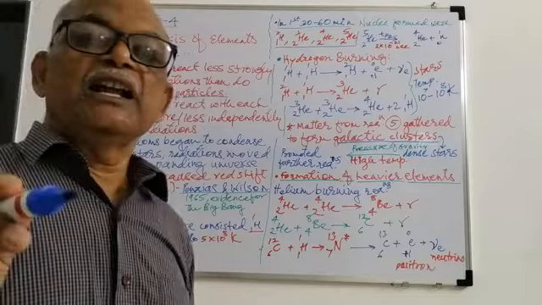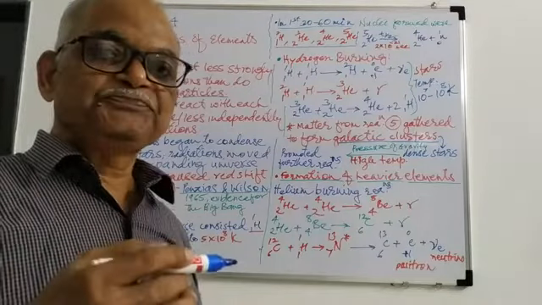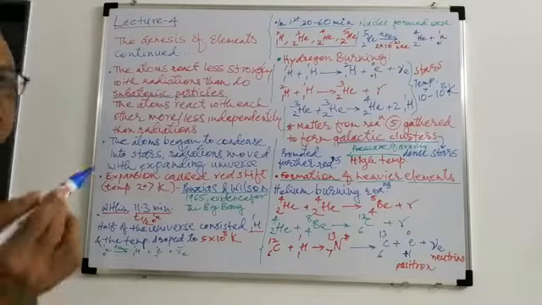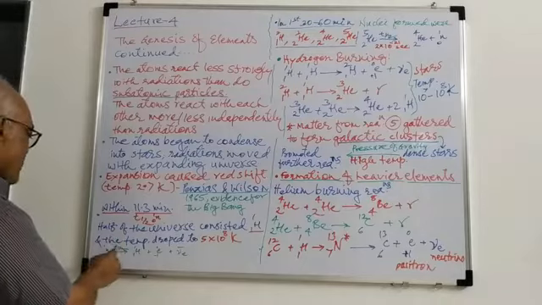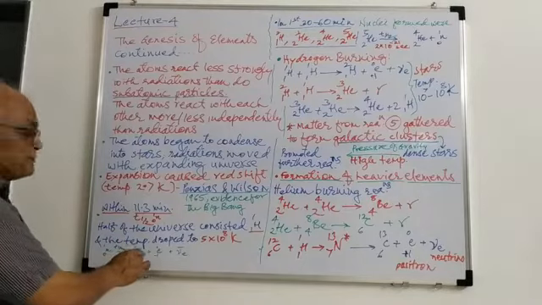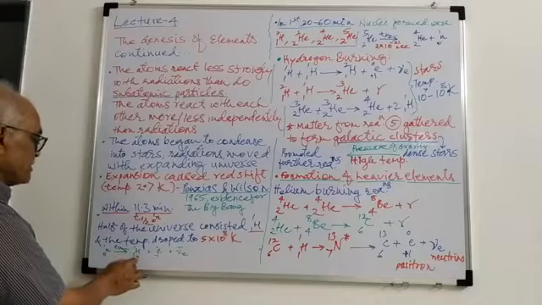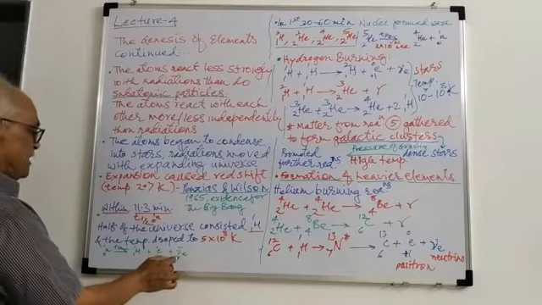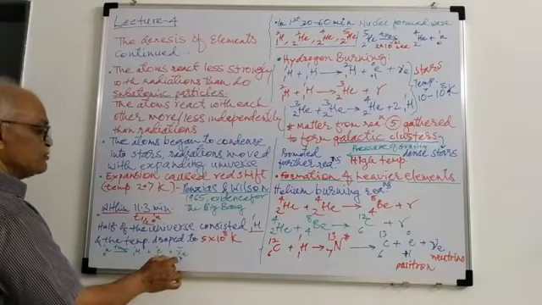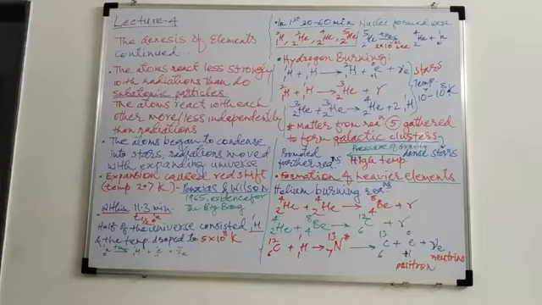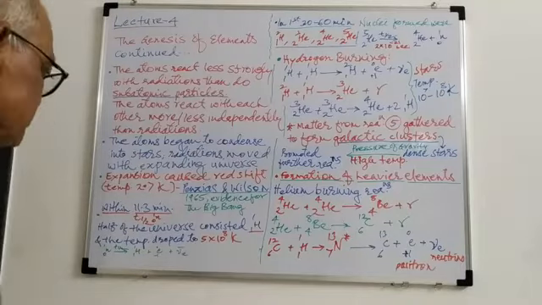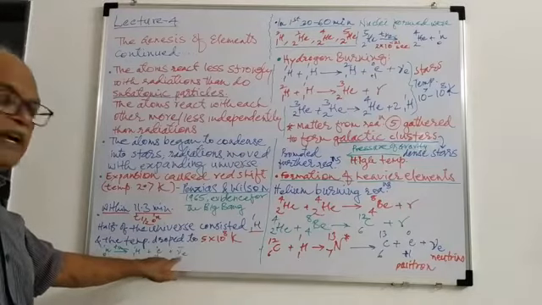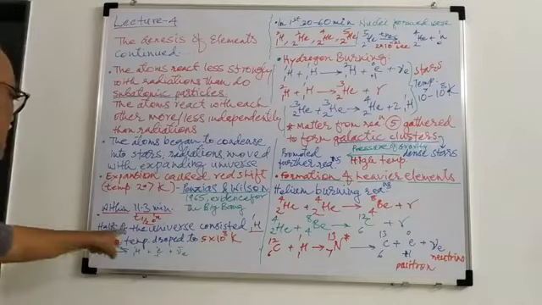What takes place during this decay of the neutron? When the neutron is broken down, it is converted into a proton, an electron and an antineutrino. So the decay of the neutron takes place with the formation of a proton, electron and antineutrino.